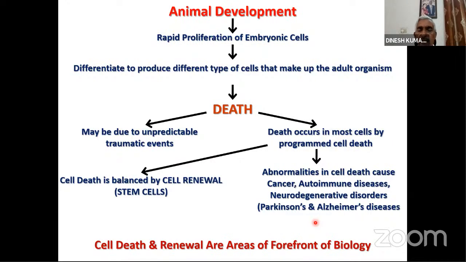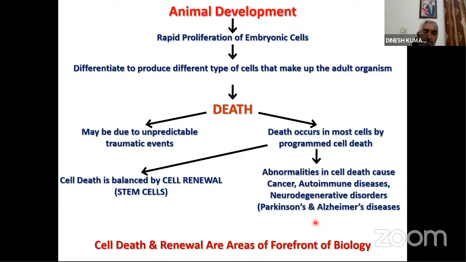So in this way, when the body is differentiated and diversified and forms a whole organism, there is an activity of both cell death and cell renewal, and that must be balanced to maintain the working of the whole organism.